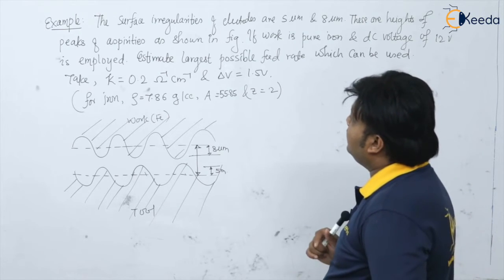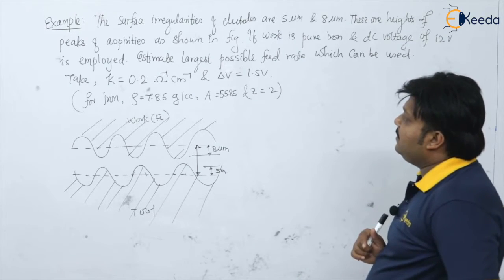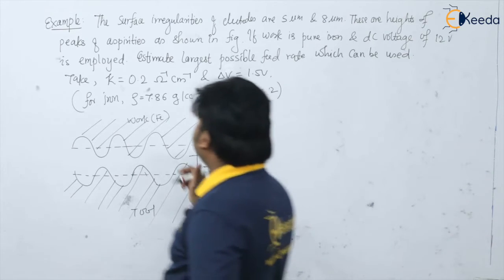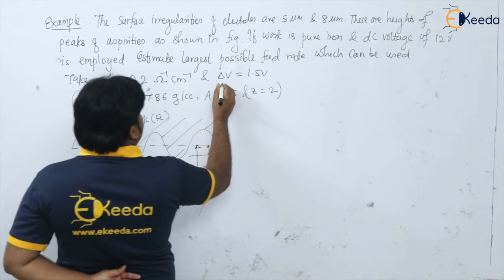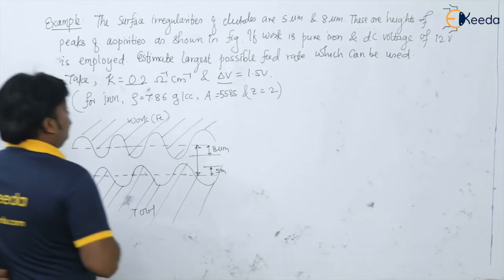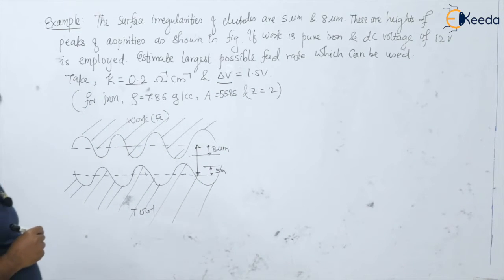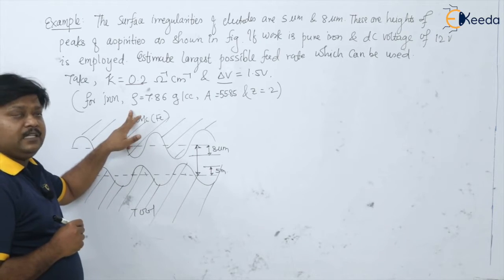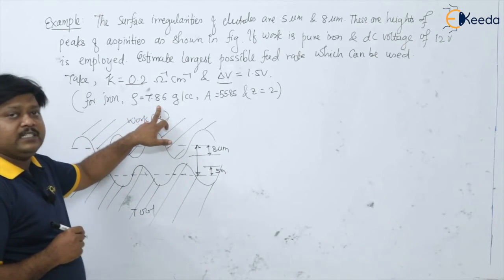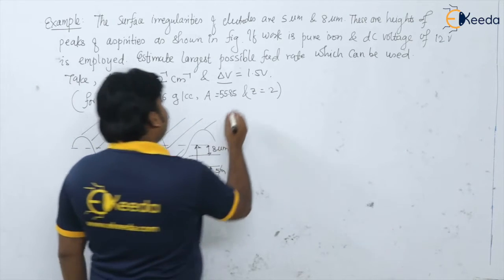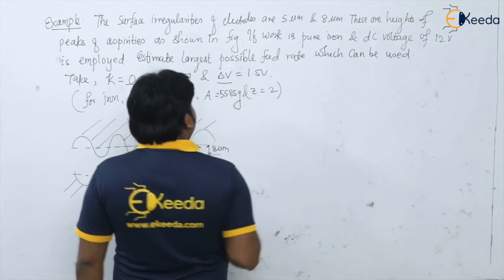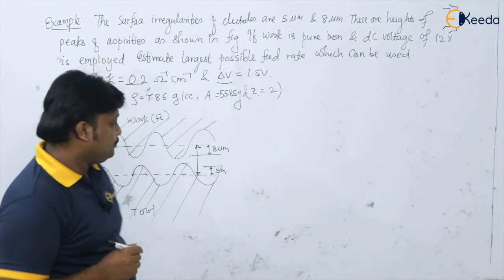In this case, take the conductivity of electrolyte K as 0.2 per ohm per centimeter and the ore voltage as 1.5 volt, and the properties for the iron are given as density 7.86 grams per cc, gram atomic weight 55.85 grams, and the valency as 2.